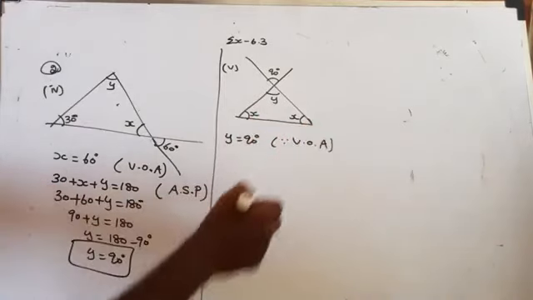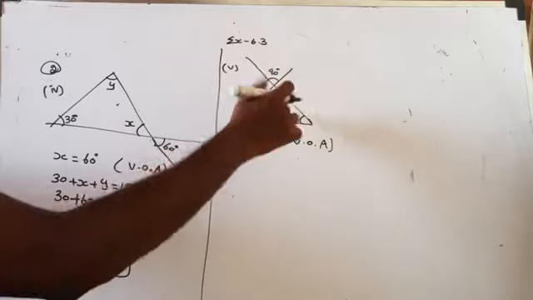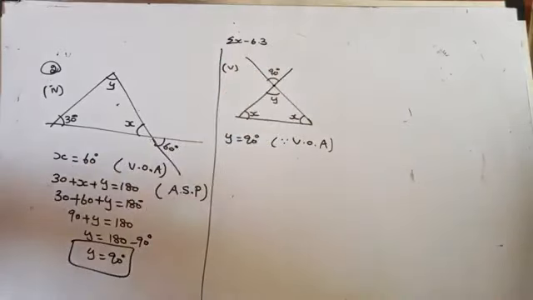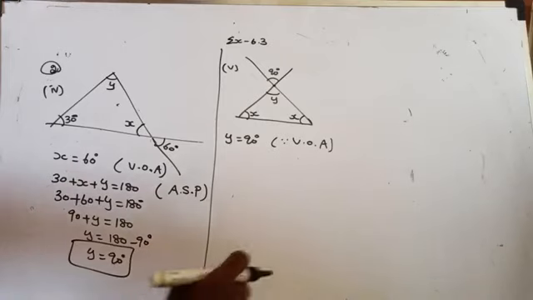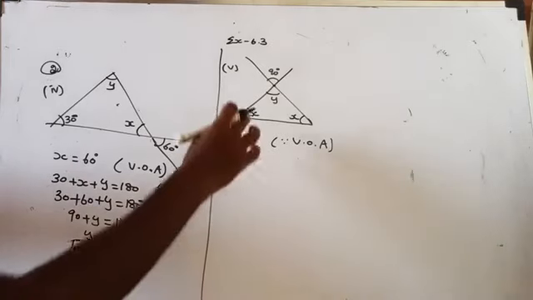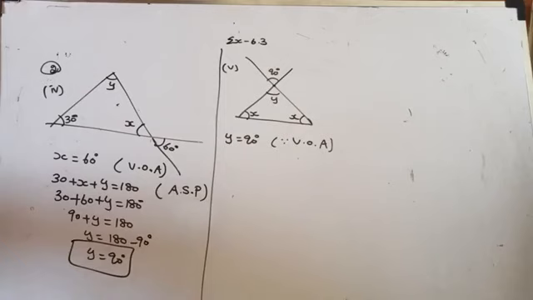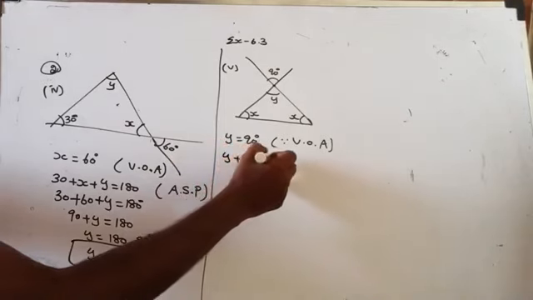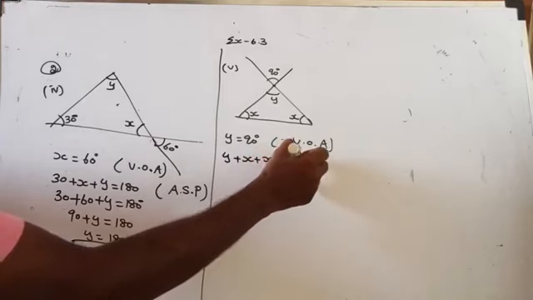If two lines intersect at a point, therefore vertically opposite angles are equal. Therefore y equals how much? 90 degree. And then once you get the value of y, you can find the value of x by using the angle sum property of a triangle, that is y plus x plus x is equal to 180 degree.